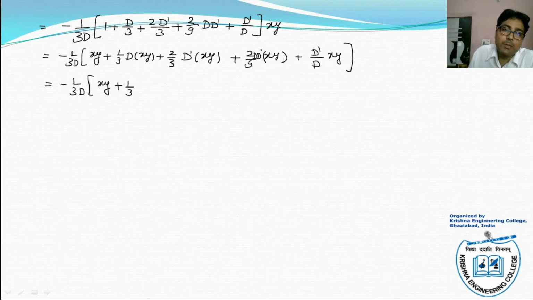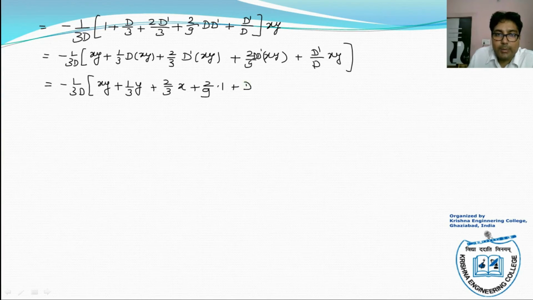Minus 1 upon 3D, xy plus D xy. Differentiate partially with respect to x only, so it becomes y plus 2 by 3, differentiate partially with respect to y only, so it becomes x plus 2 by 9, differentiate partially with respect to y and then with respect to x, so it becomes 1 plus D dash by D, integrate partially. First we integrate partially with respect to x, this becomes x square by 2 y.